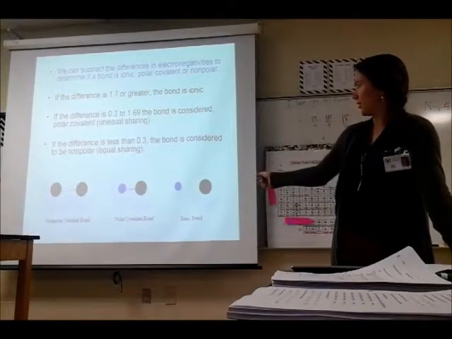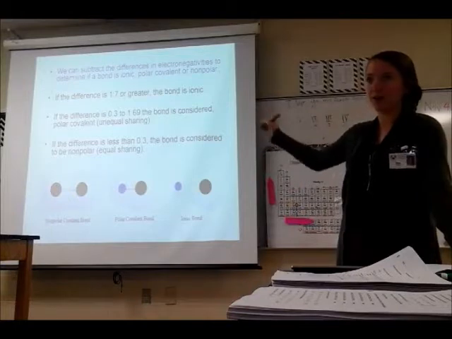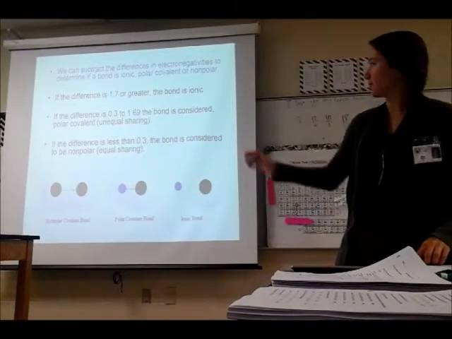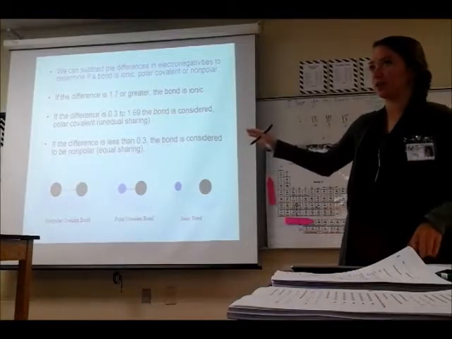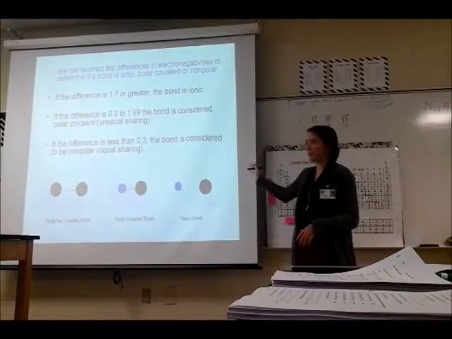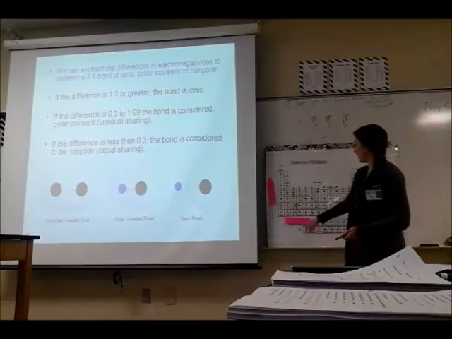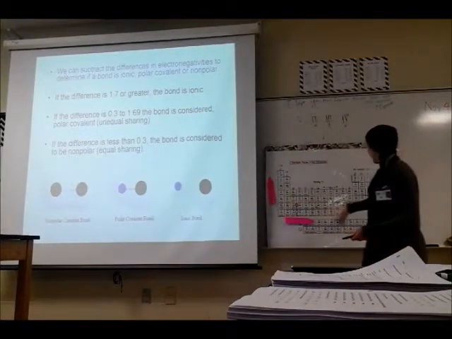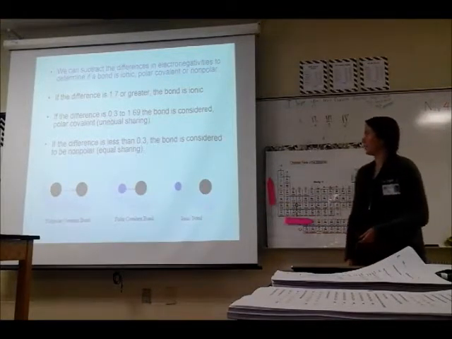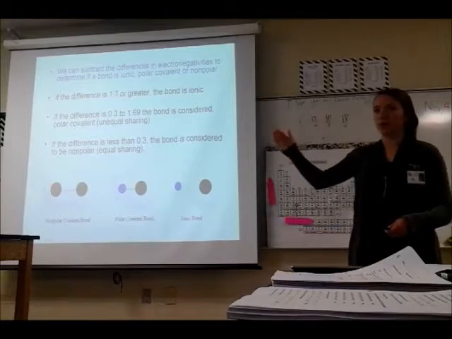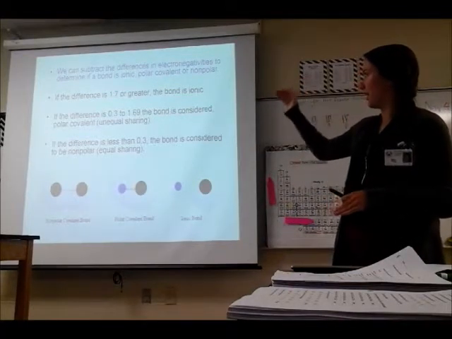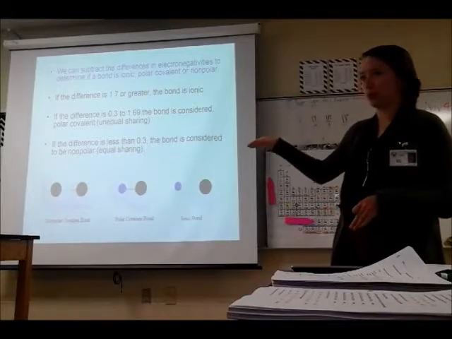So get your pictures filled in and make sure you know how that relates to your numbers below. And you're going to have problems where she'll give you two elements, like calcium and chlorine, and give you the electronegativities, and you're going to have to subtract them and decide whether it's ionic or polar or nonpolar.